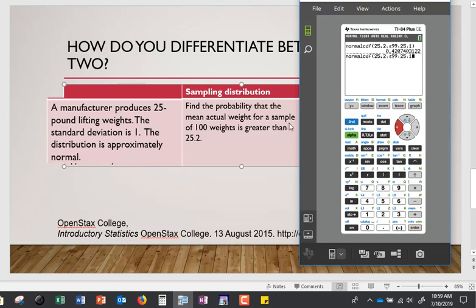Your standard deviation is the population standard deviation divided by the square root of your sample size, and our sample size is 100. So as you can see, that's a large difference from just talking about one individual weight to talking about a group of weights.